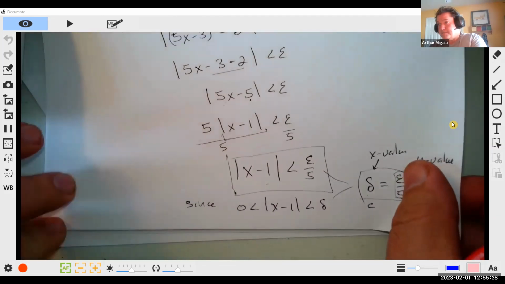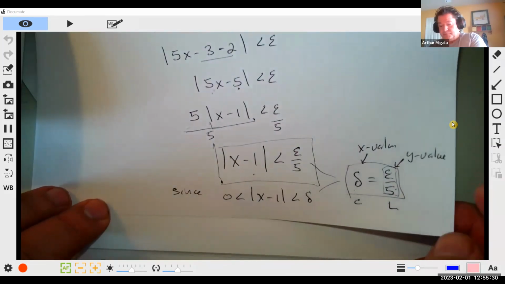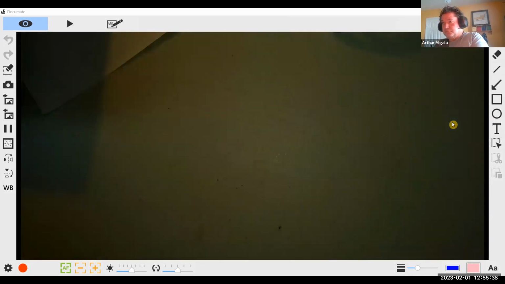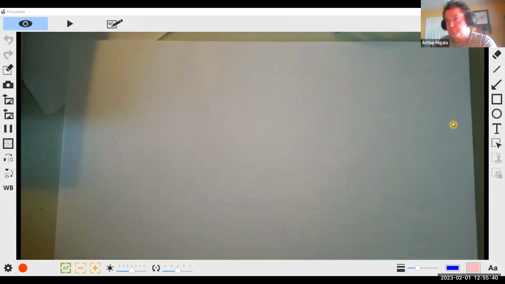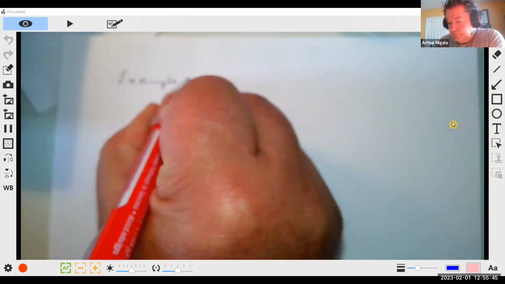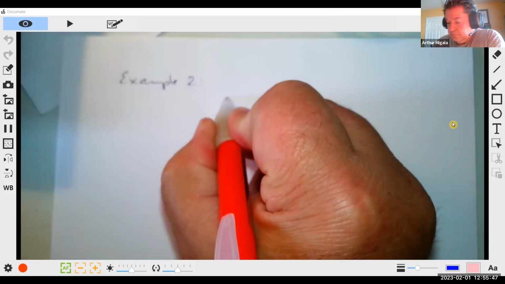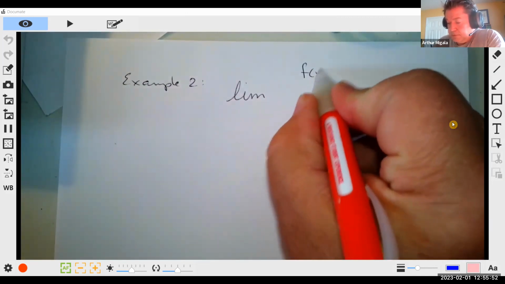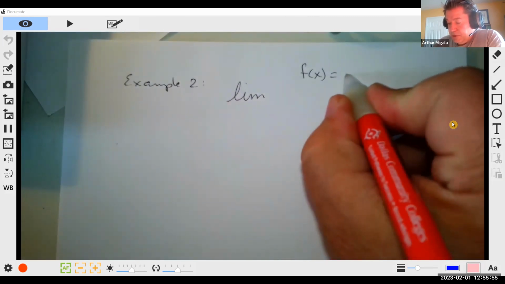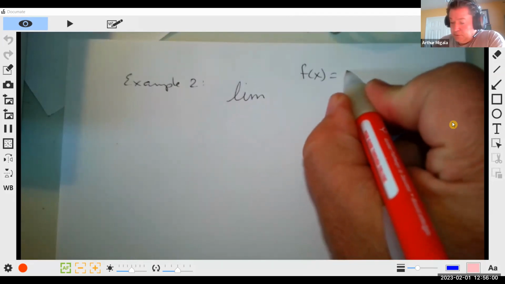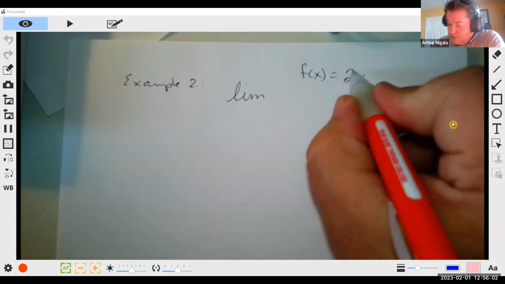All right. Let's look at another example. Let's say f of x equals... no, let's make it 5x.